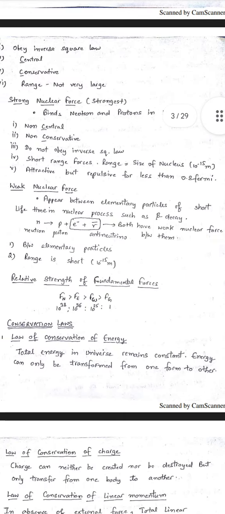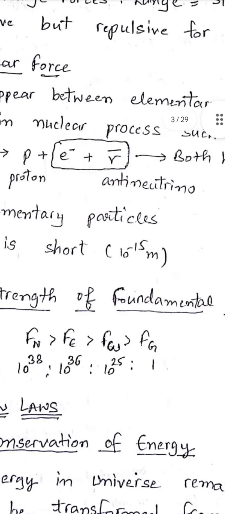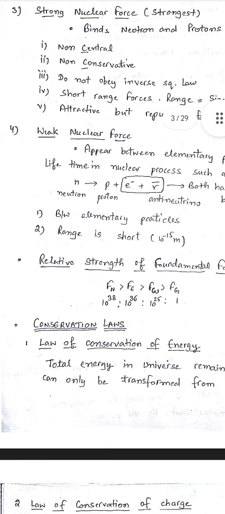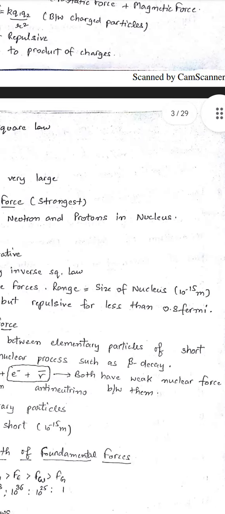As you can see here, n is neutron, p is proton, and this is the anti-neutrino. Its property is that it acts between elementary particles. Second, the range is very short, 10 to the power minus 15 meter, as I have told you.